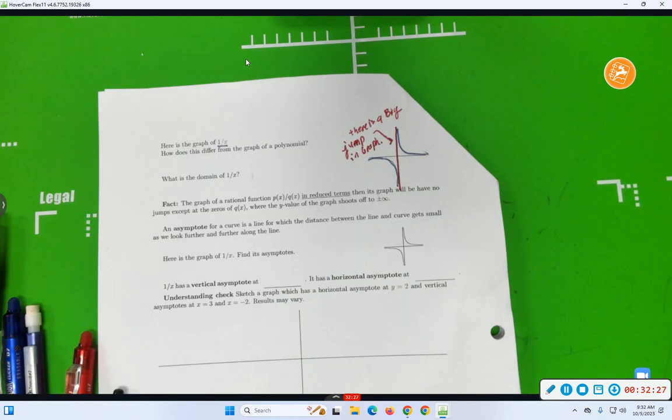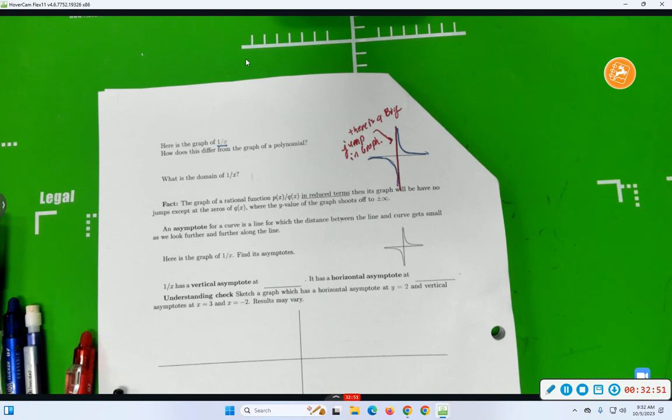Maybe an even easier thing to visualize from this is, can you plug x equals 0 into 1 over x? Nope, you divide by 0. Can you plug x equals 0 into any polynomial, though? Yeah, pick any polynomial. It's a bunch of x's raised to powers. 0 to a power is just 0.